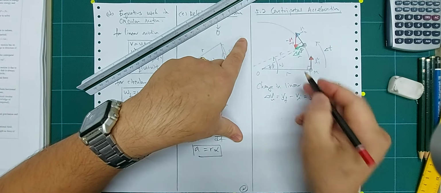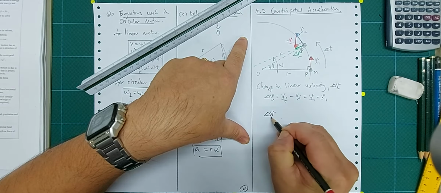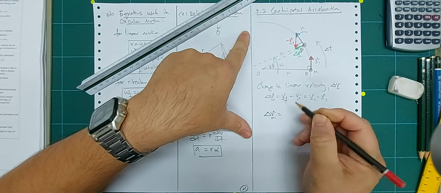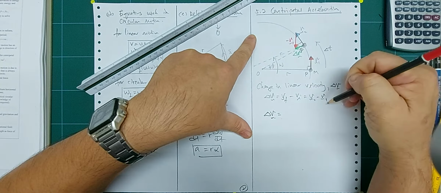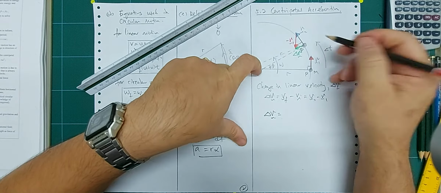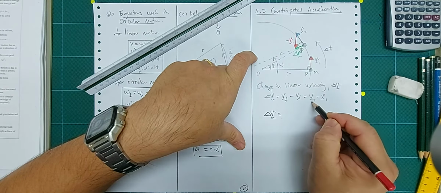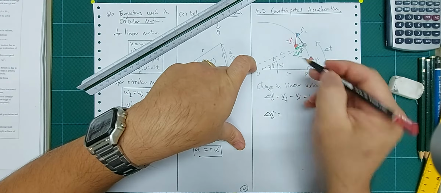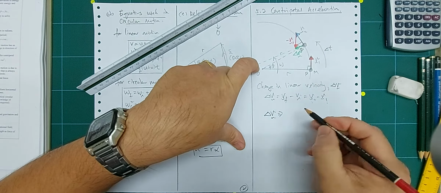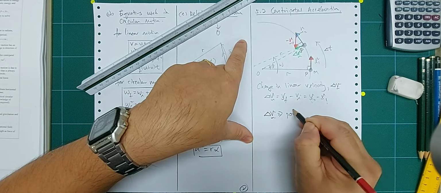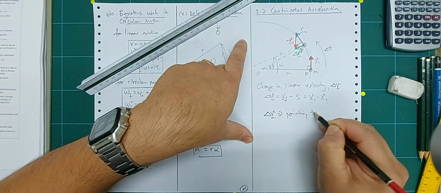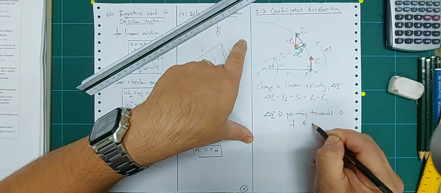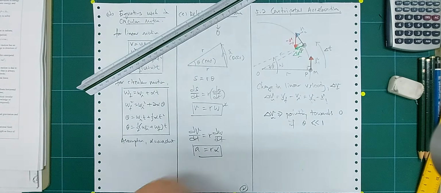Alright, so we can make an analysis now. Our delta v, which is equal to what? In this diagram it is equal to this value minus v1, and then we observe that the delta v is pointing towards O if theta is very, very small compared to 1 radian.